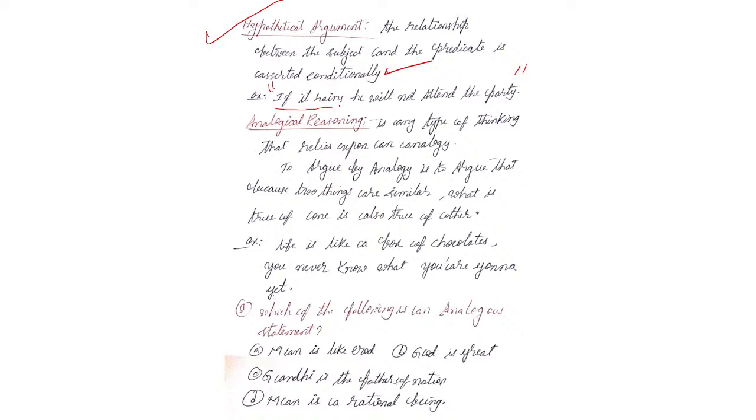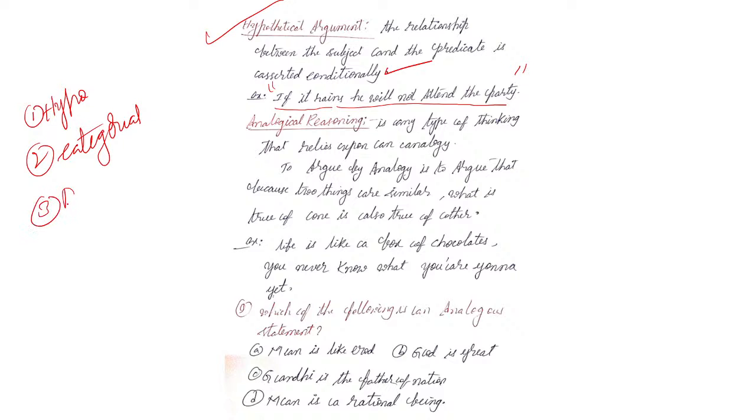In the answer they will give options, is it a hypothetical argument, or is it a categorical argument, or is it a deductive argument, or is it an inductive argument. Like that they will give options. We have to select out of these which type of argument this is.